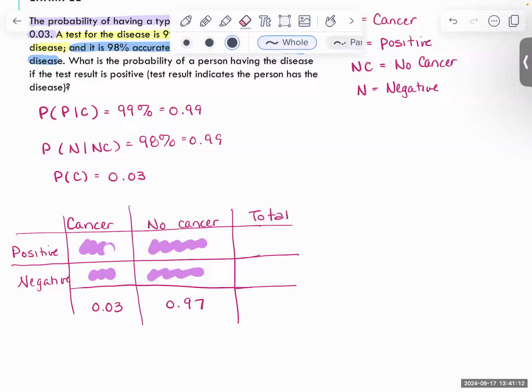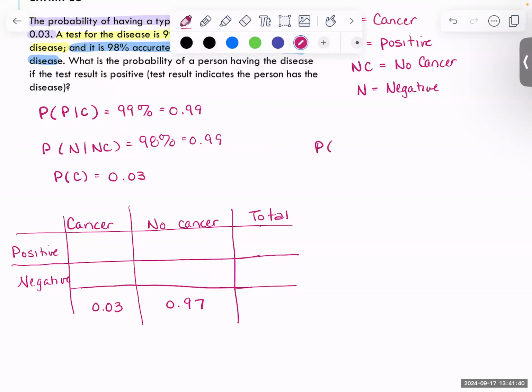So let me erase my highlighting. And let's see what we have for Bayes' theorem. First of all, they gave me the conditional probability, the probability of testing positive given that I have the cancer. So let's write that using Bayes' theorem.